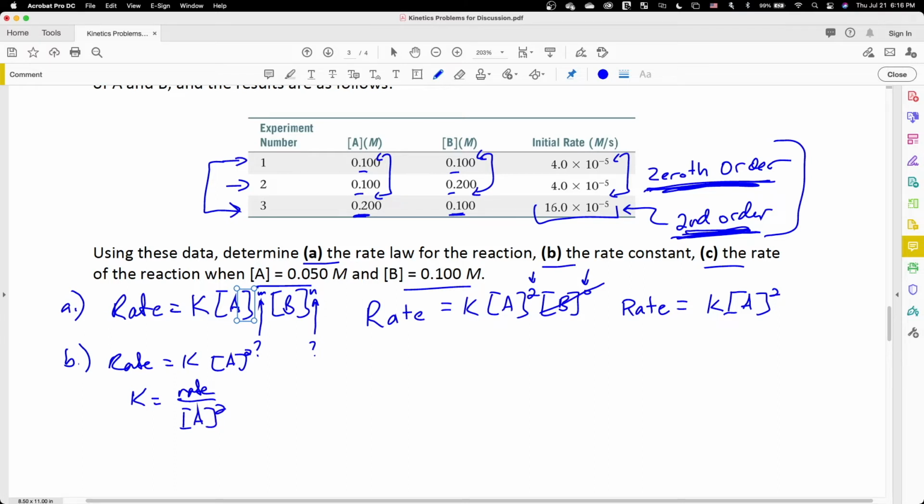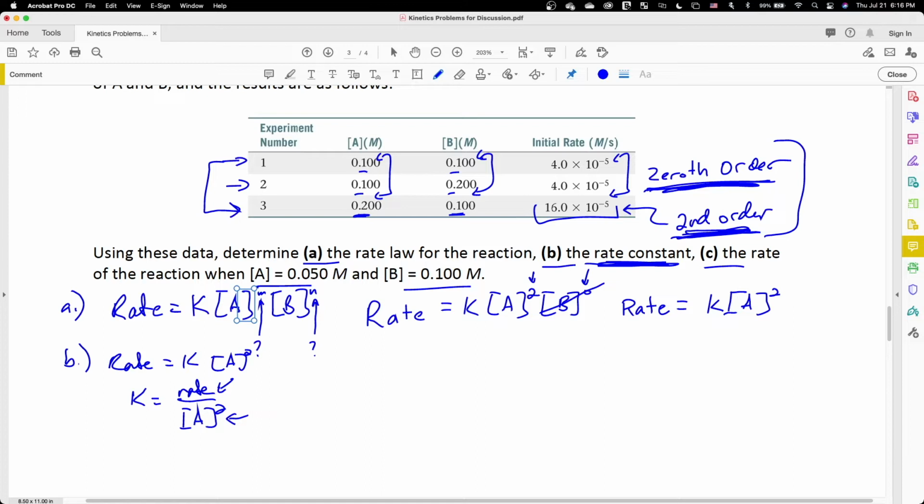Good, because now if we plug in any rate and the concentration that corresponds to that rate, we should be able to solve for the rate constant, which is what B is asking for. B in this question is asking for the rate constant.